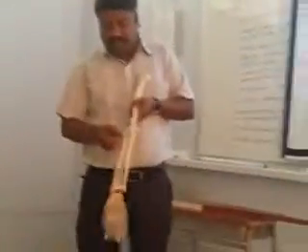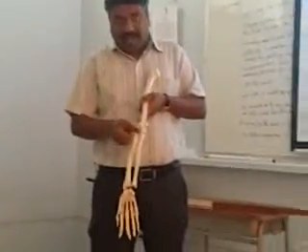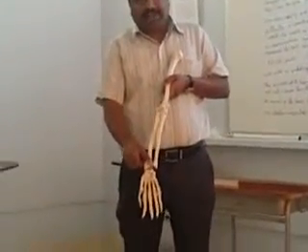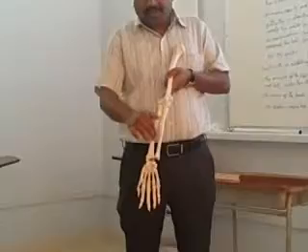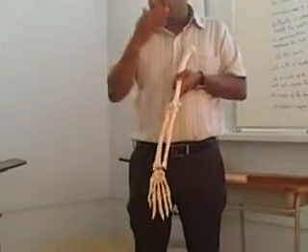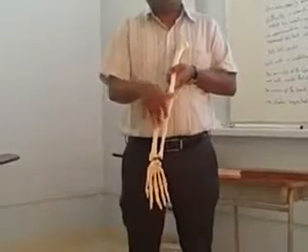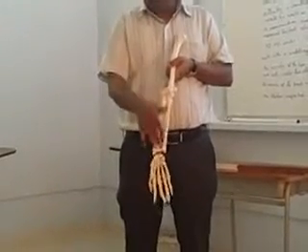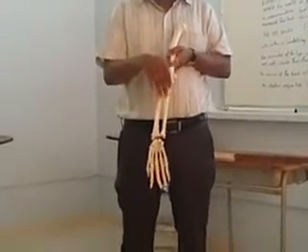One is between the radius and ulna in the upper aspect and one in the inferior aspect, and you also have the membrane between them. Some consider it as a middle radio-ulnar joint, so superior, inferior and even the middle. It's a fibrous variety, you can say.